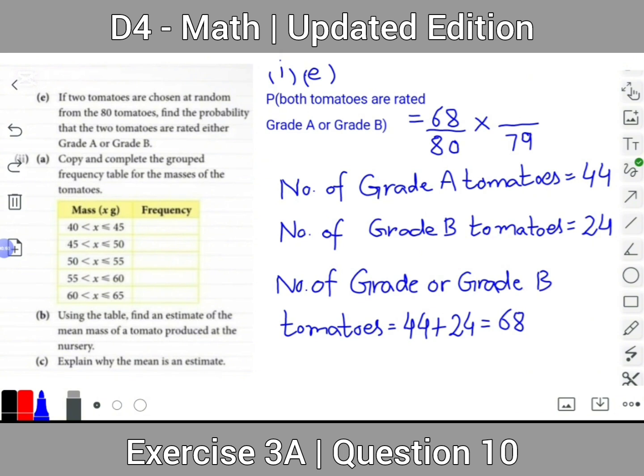We have already chosen one tomato that is rated grade A or grade B, so the number of grade A or grade B tomatoes left is 67. And here we have used the multiplication law of probabilities.